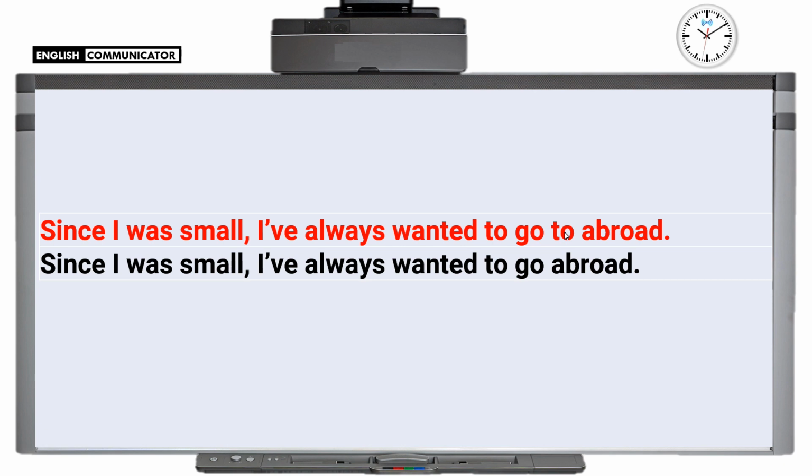So don't use I have always wanted to go to abroad. We have to use I have always wanted to go abroad. That's the simplicity of English language errors and mistake correction. Sometimes we feel that we are using it right, but it is wrong.